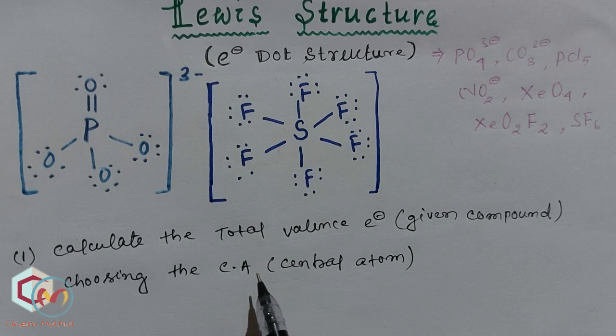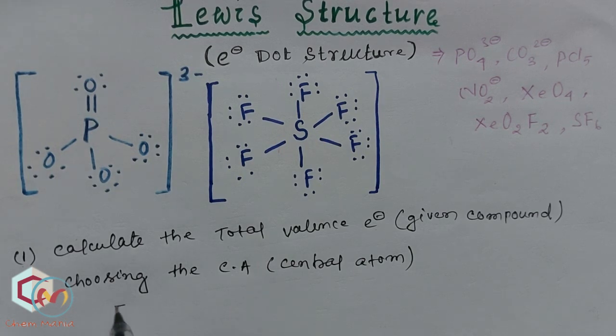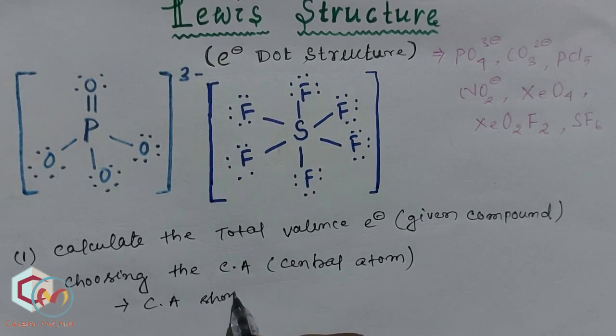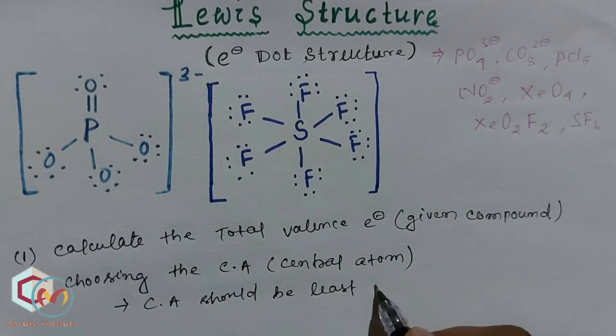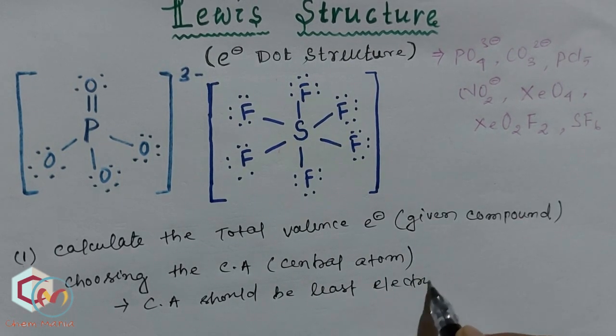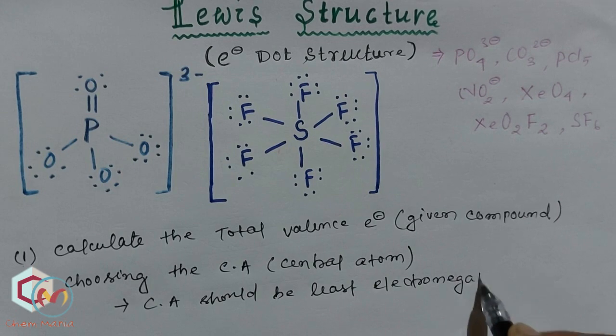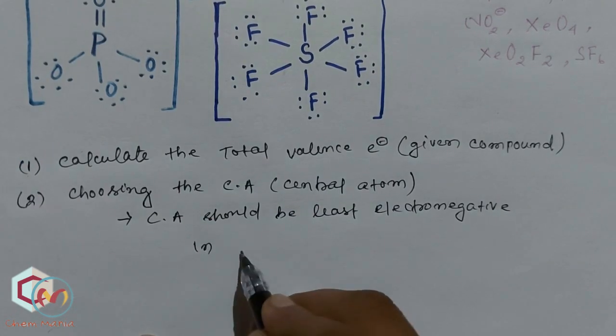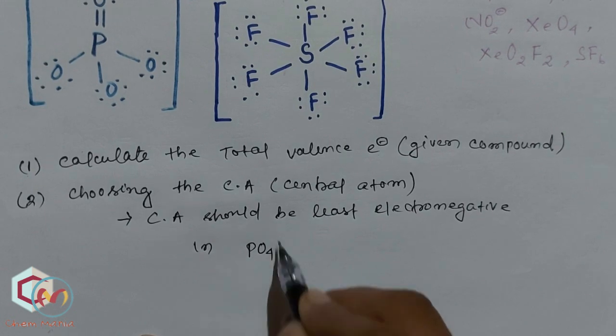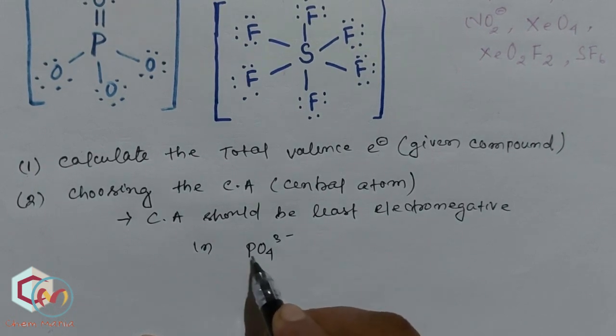First, you have to remember the central atom should be least electronegative. In PO4 3 minus, phosphorus and oxygen, two different atoms, are there.